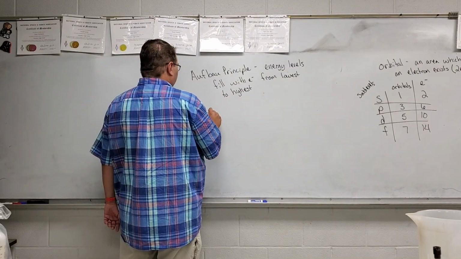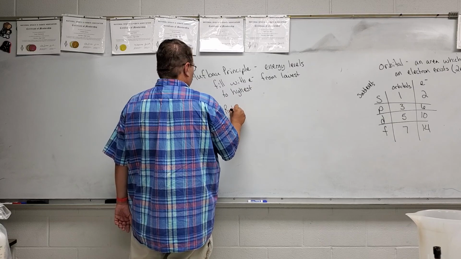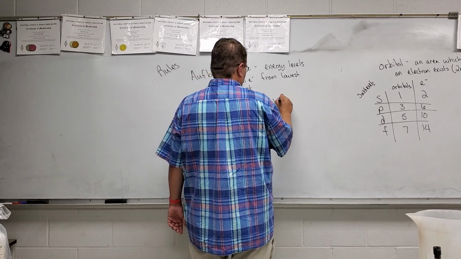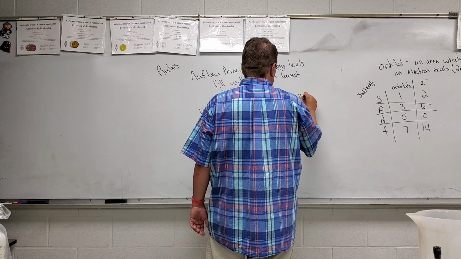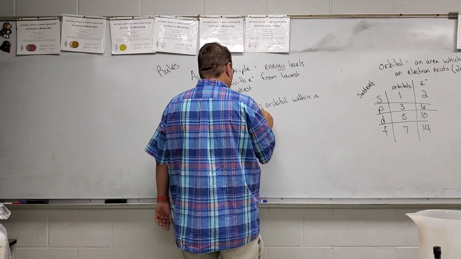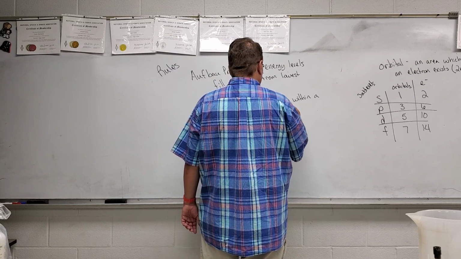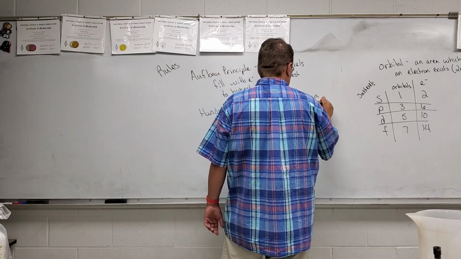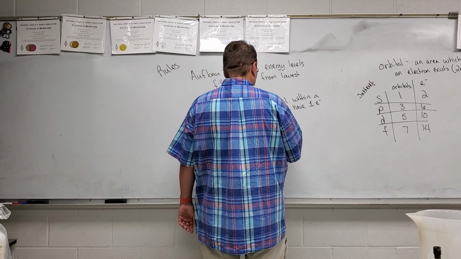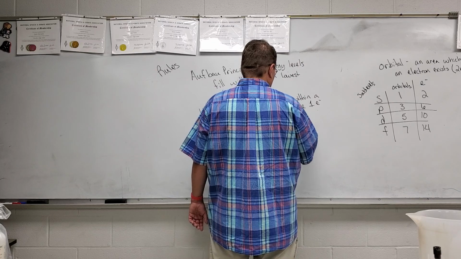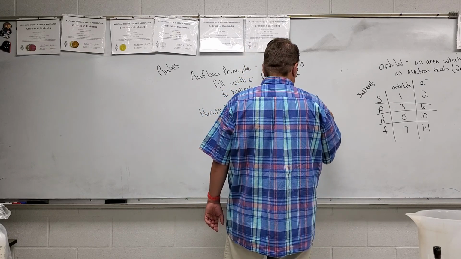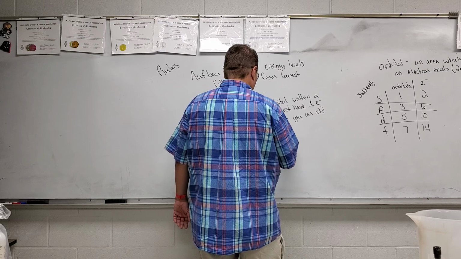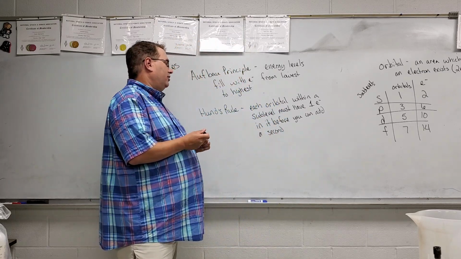Next is Hund's rule. Each orbital within a sublevel must have 1 electron in it before you can add a second.